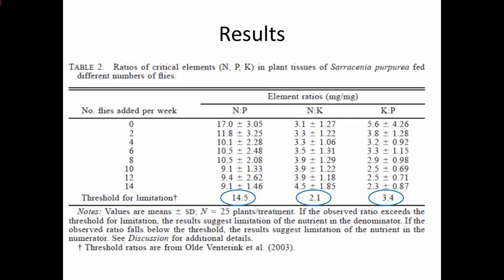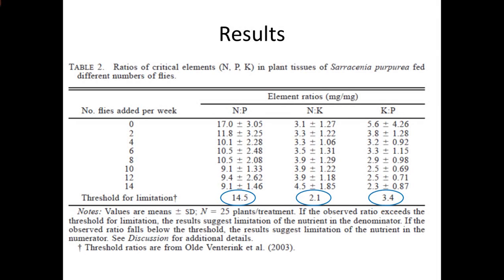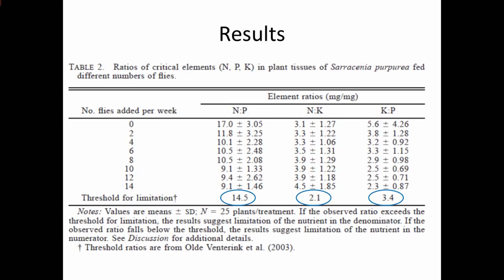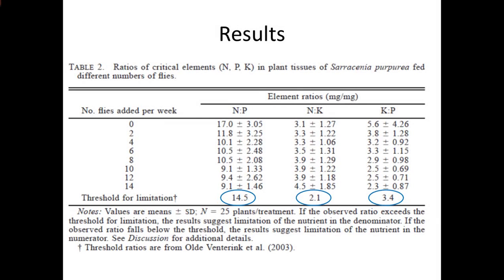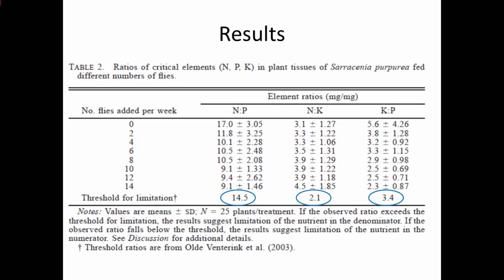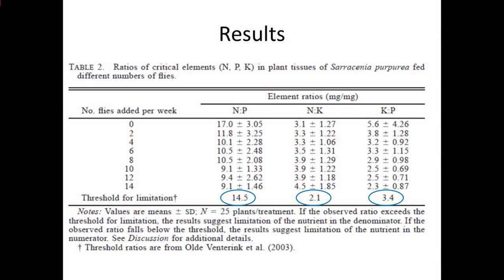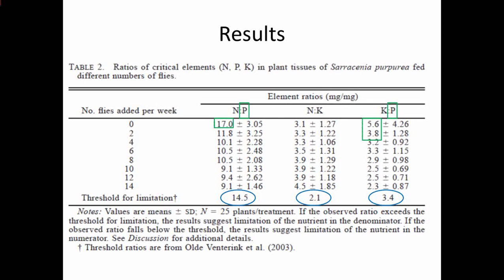This is from previous literature; these are inherent thresholds which determine which nutrient is limiting for a given plant. When the value of the ratio is higher than the threshold, then the plant is limited by the denominator nutrient. So this is true for phosphorus at first.